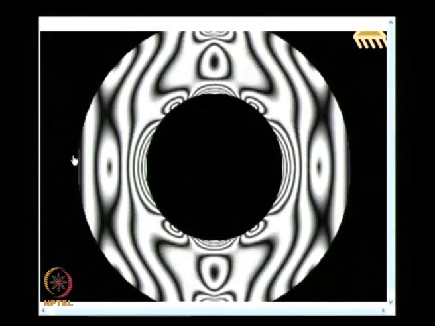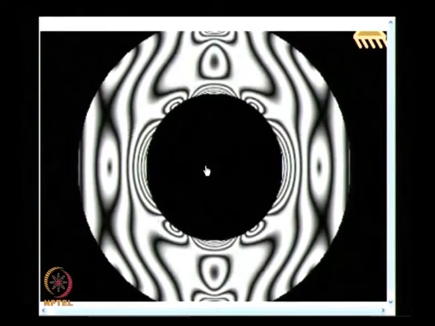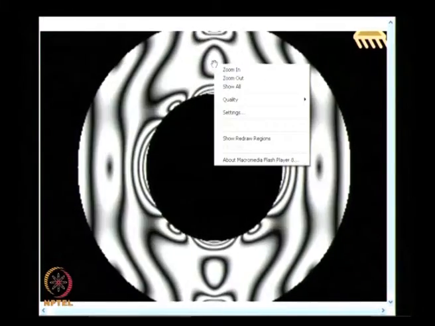Here I have a ring under diametral compression, I look at the outer boundary and inner boundary, I have several fringes which touch the outer boundary as well as the inner boundary. So, you have to find out the fringe order very carefully. And we had seen in the last class a particular feature, what happens in these type of zones.